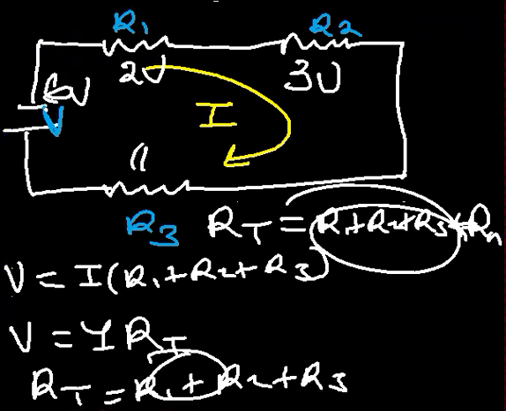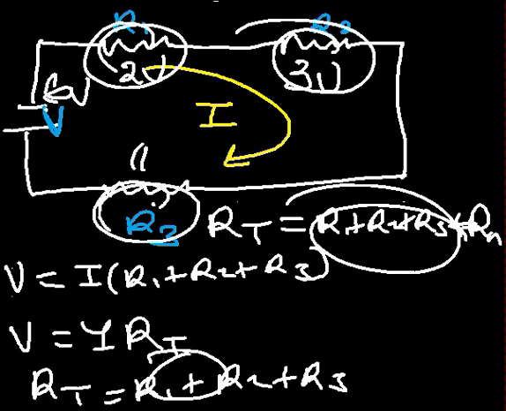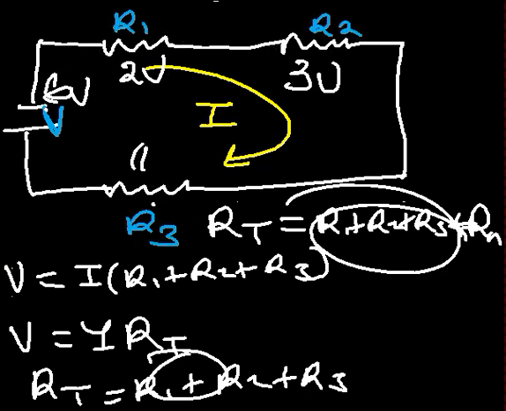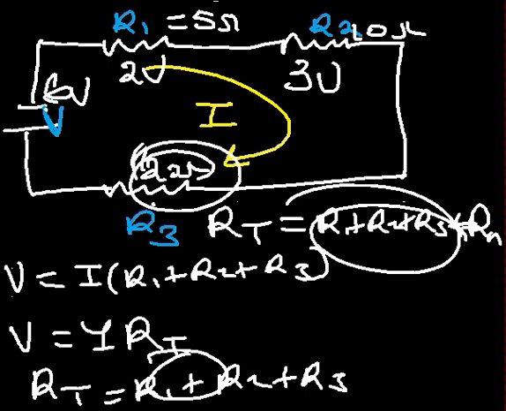Also you'll be able to know that the total resistance for resistors in a series circuit is more than the highest resistor in the circuit. For example, if we have a circuit where R1 is a 5 ohm resistor, this is a 10 ohm resistor, and this is a 20 ohm resistor, you'll see that the total resistance will be more than the highest, which is the 20 ohm resistor.